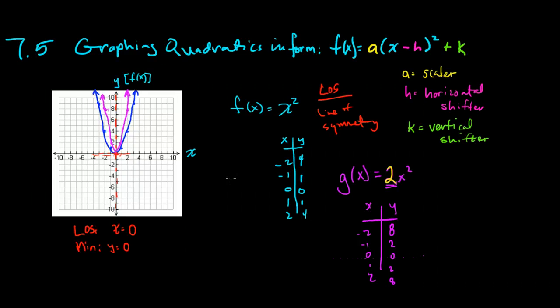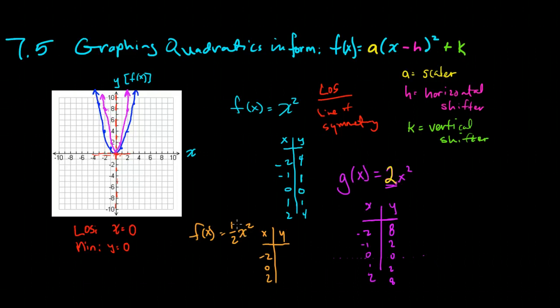Let's try one more. Let's use a different color. Let's go to orange. Where f of x is 1/2 of x squared. And this time we'll just use, for x and y, negative 2, 0, and 2. Same thing, we have to square our negative 2.